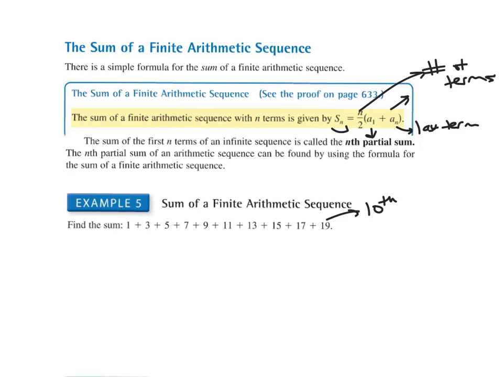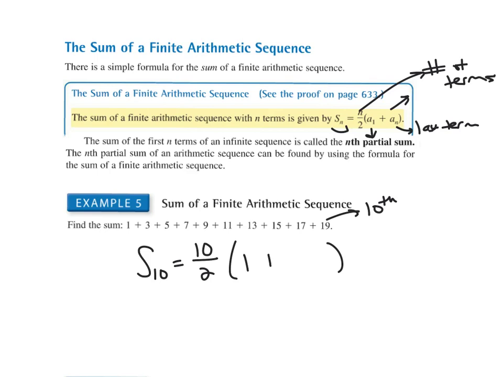Now, what you probably want to do is figure out what your first term is, how many terms you have, what your last term is, and then you just plug them in. So say I wanted to find the sum of all 10 of these terms, all I have to do is plug in the information I'm given. So I have 10 terms divided by 2.